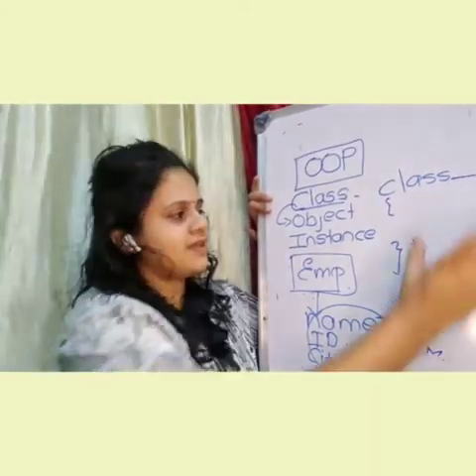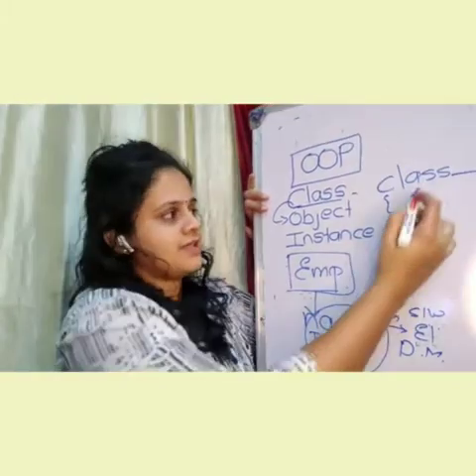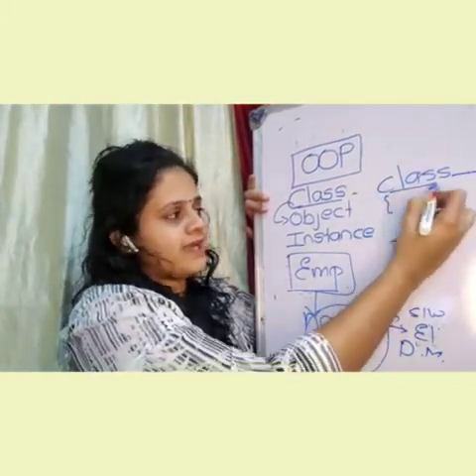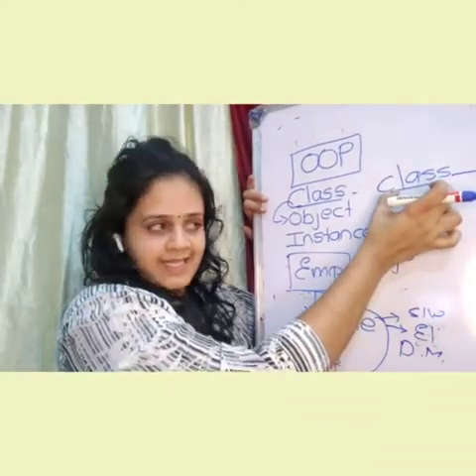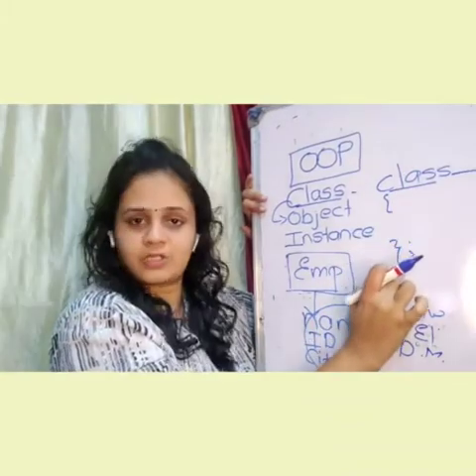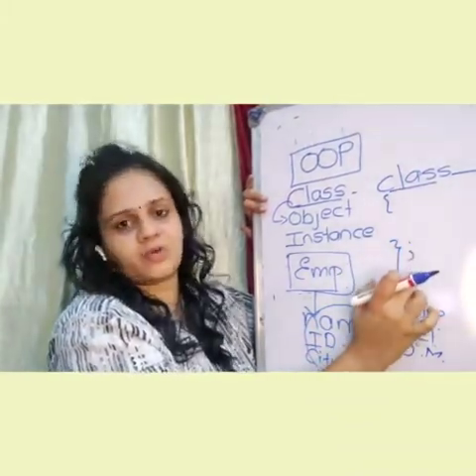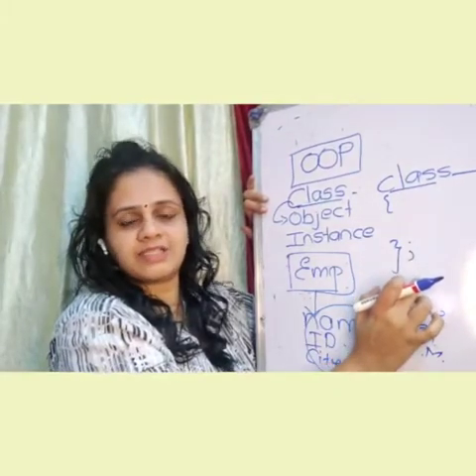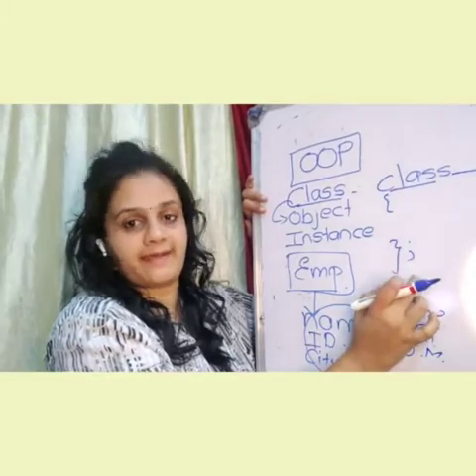A class is going to have some common properties, and we are going to combine them. How do we declare it? We write the class keyword, then the class name, open curly brace, closing curly brace, and the semicolon. The semicolon part is very important. If you don't give the semicolon, you will absolutely get a compile time error.